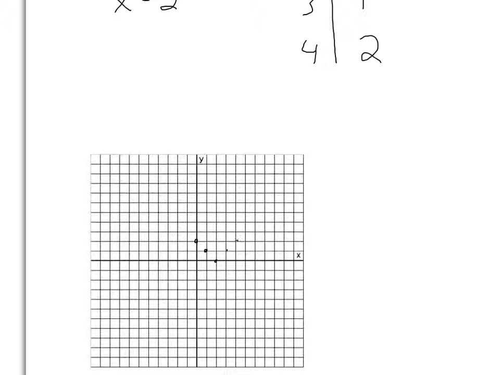And 4 is at 2. I connect those, I have another V. Except this time the vertex is at 2, 0. So it's like the whole graph moved over 2 units to the right. And you can graph these equations by thinking about moving the vertex around. But we're mostly going to keep going with the table of values.